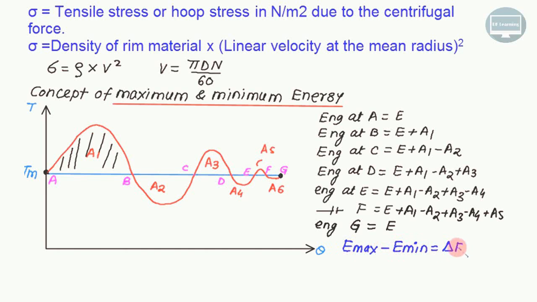We call this delta E. When you calculate E max and E minimum, say this one is max and this one is minimum, the term E will be cancelled out when you subtract, and only the areas A1, A2, A3, A4 remain. We don't require the E value. We only require the concept of area. So this one is delta E.